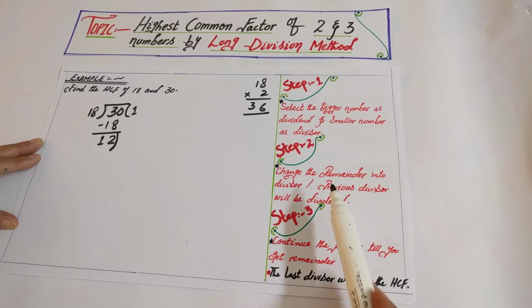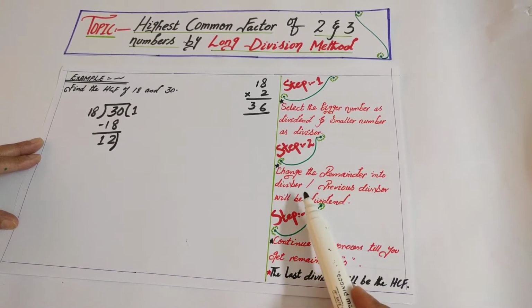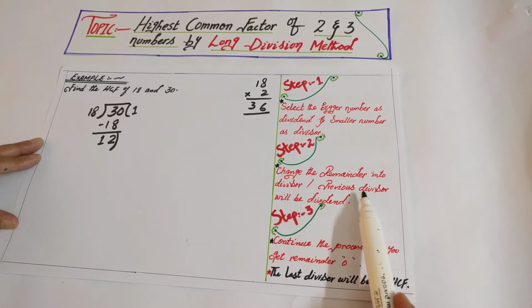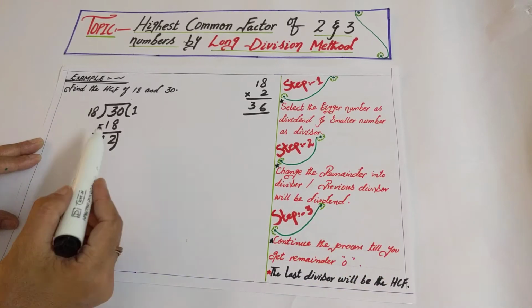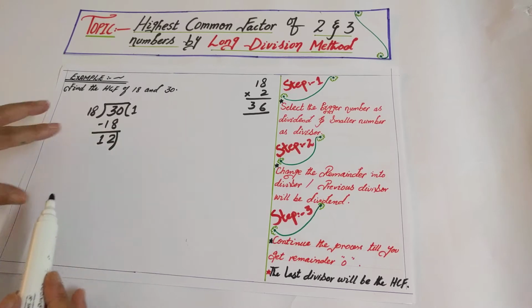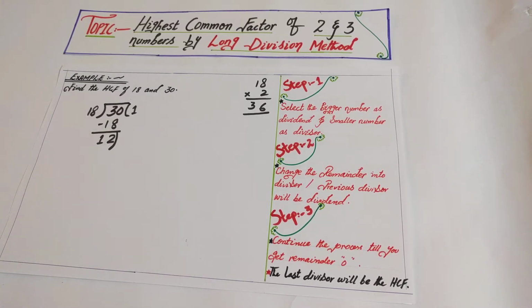Now the second step: change the remainder into divisor, and the previous divisor will be the dividend. Now this 12 is actually the remainder.